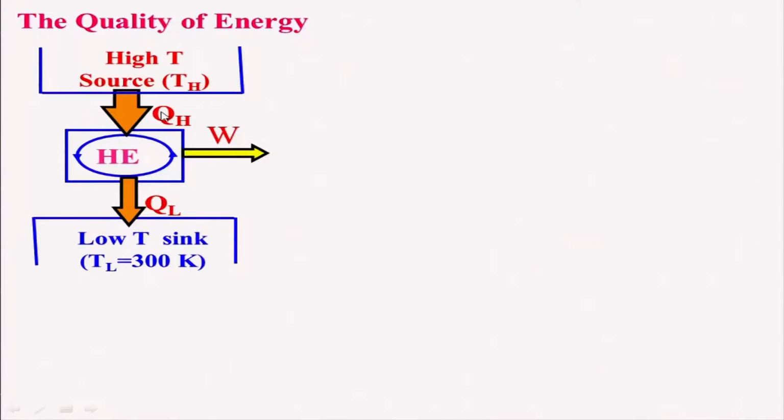And I will just tell you about the quality of energy. By that, what can you say about the quality of energy? For example, take a certain amount of heat taken from the source at temperature TH, and then a heat engine rejects QL amount of heat to the sink at temperature 300 Kelvin, of course producing W amount of work.